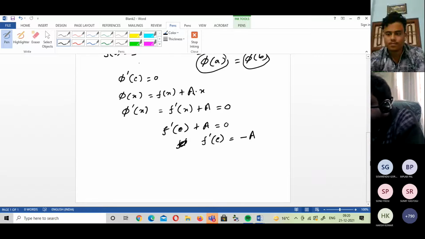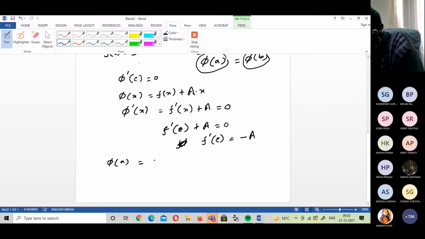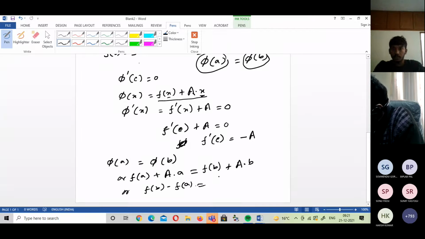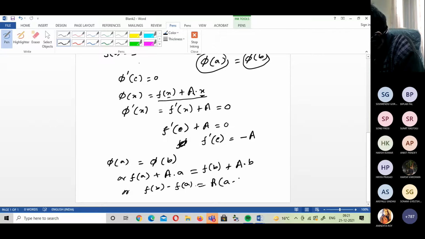Next, you have assumed that phi(a) equals phi(b). Then you can easily write, putting a in this equation, f(a) plus A times a equals phi(a), which equals phi(b), so f(b) plus A times b. Now you have seen that f(b) minus f(a), taking this to one side, gives A times (a minus b).